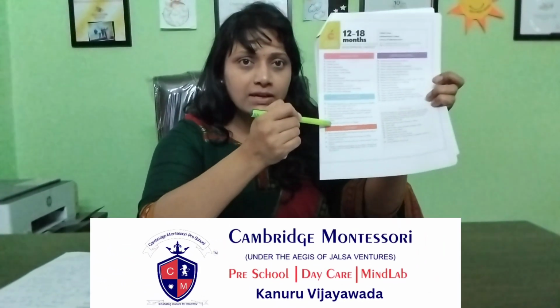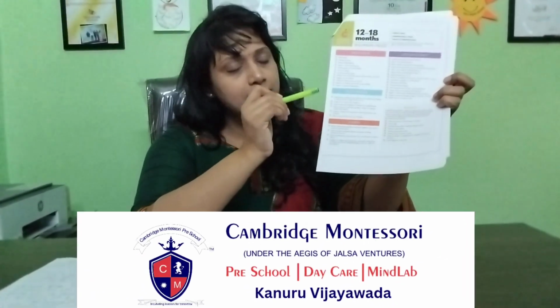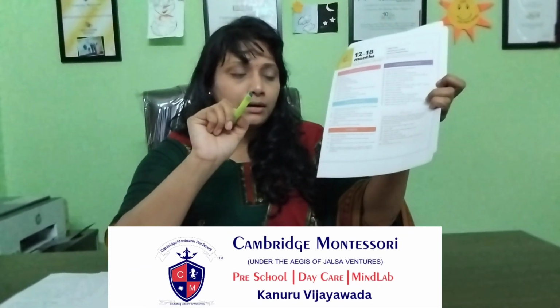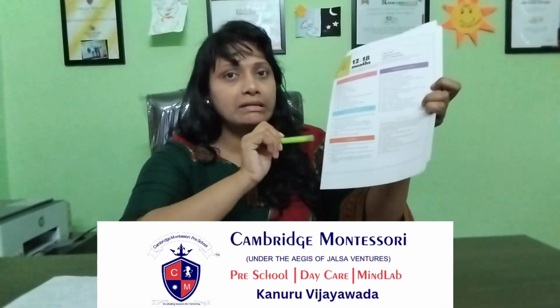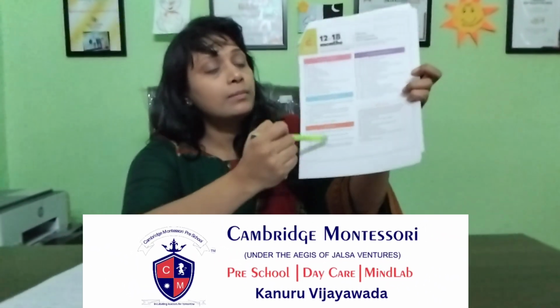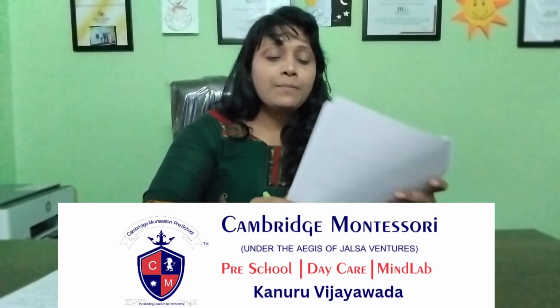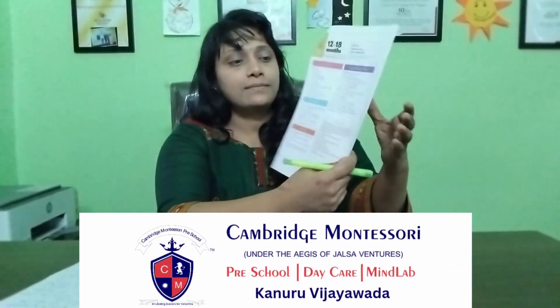Check the points given here, and same as above, tick whether the kid reaches that milestone, or mark it as X if the kid does not reach that milestone. And then the cognitive column, and language and literacy. Do the same with all the columns, and most importantly, check out for red flags.